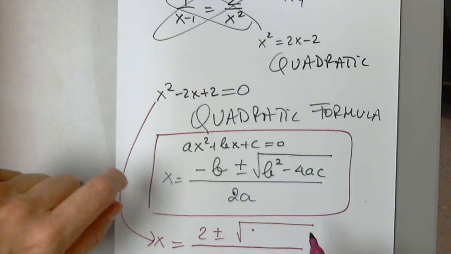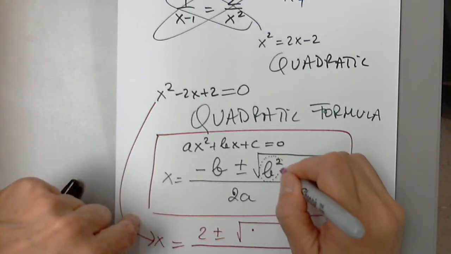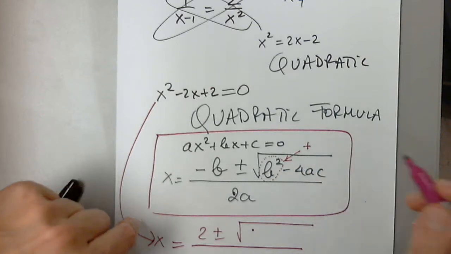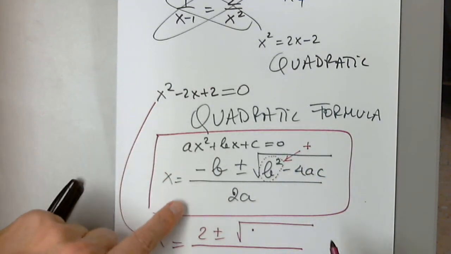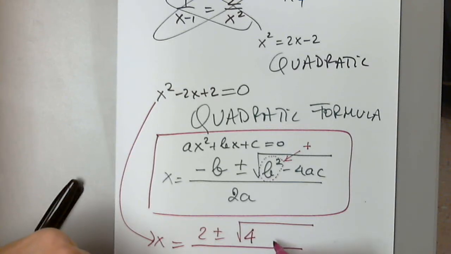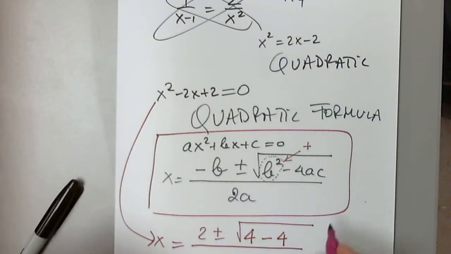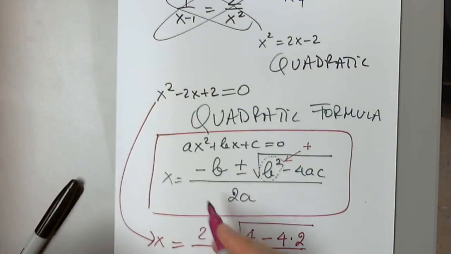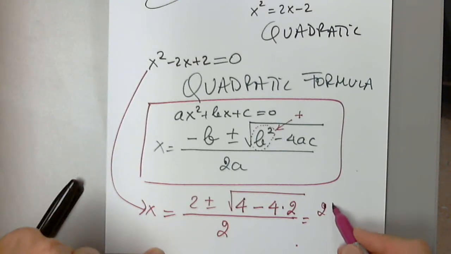Careful. So this number, no matter what, will always be positive, right? Always positive. Okay, so 4 minus 4 times 1 times 2, over 2 times a, which is 2. So this is 2 plus or minus.